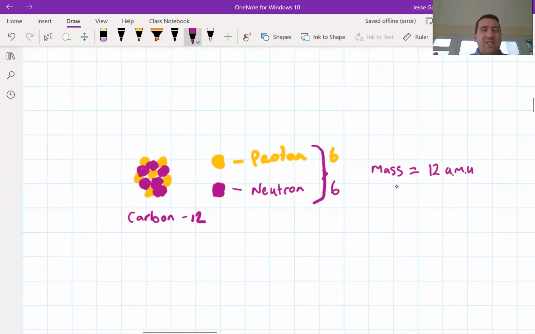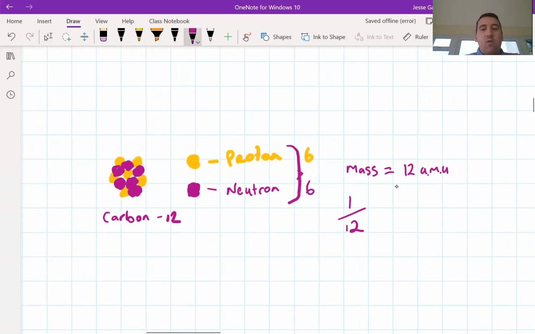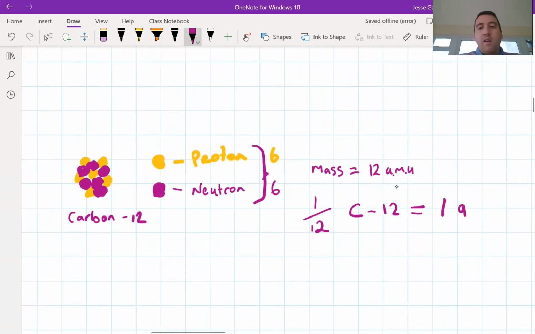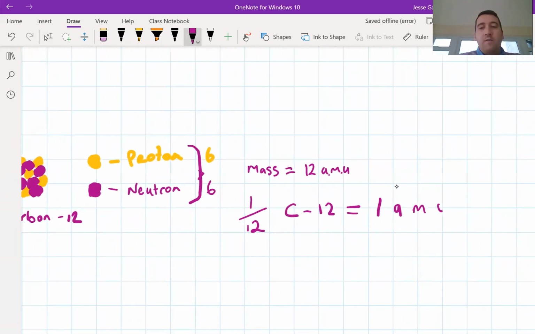Scientists figured out that if we take the mass of an atom of carbon-12 and divide it by 12, so take 1/12 the mass of a carbon-12 atom, that would be exactly 1 atomic mass unit, because there are 12 atomic mass units due to 6 protons and 6 neutrons.